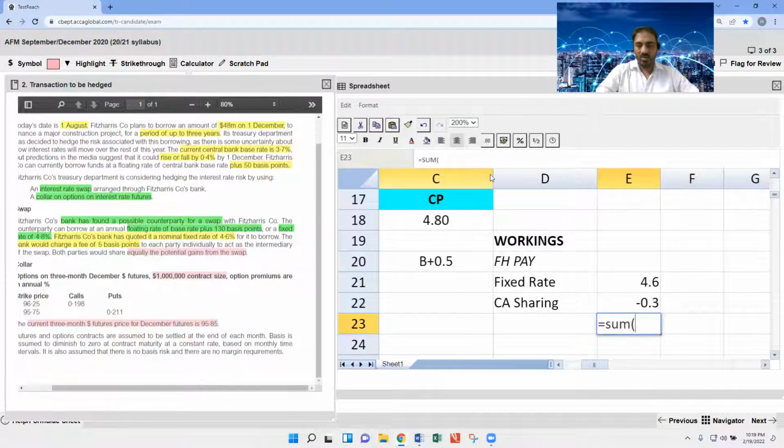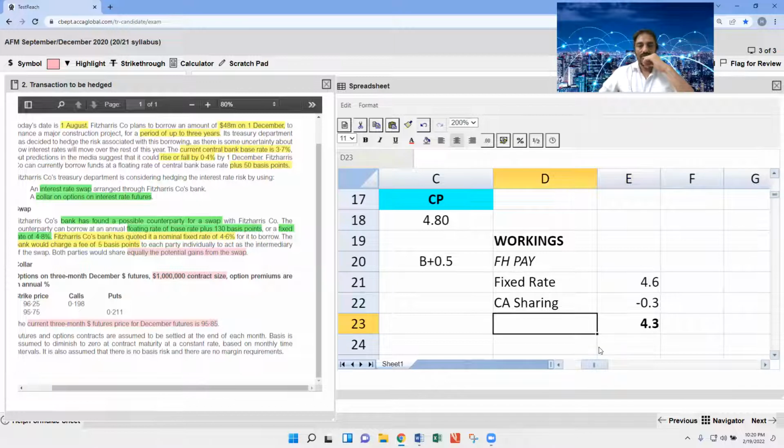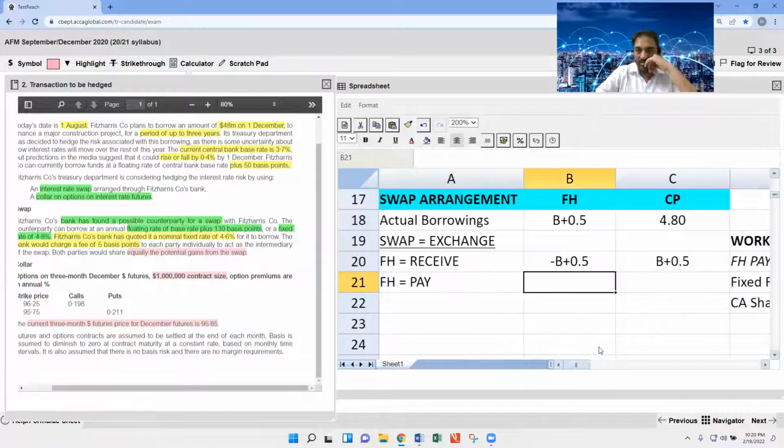So is equal to 4.3. They have to pay 4.3 and they will receive 4.3.